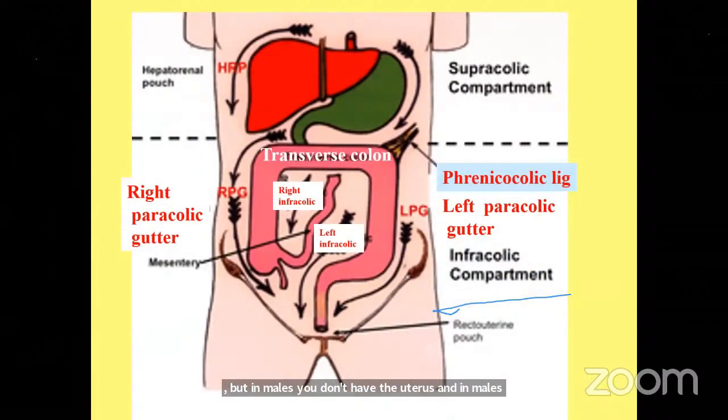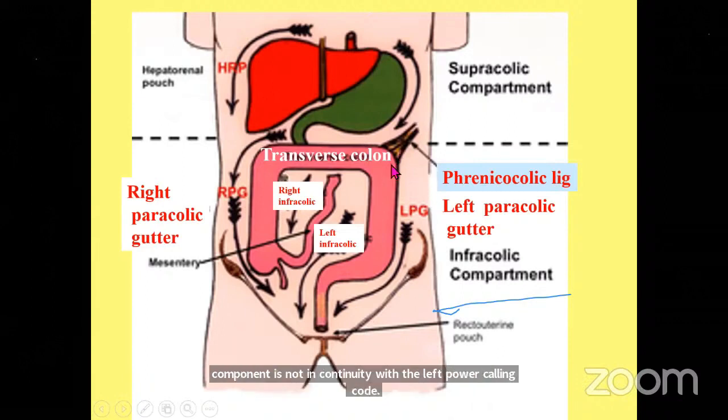Now something about the supracolic and infracolic compartment. You can see that the transverse colon is the plane which divides these two compartments as supracolic and infracolic compartment. One of the favorite questions is, the hepatorenal pouch is actually continuing with the right paracolic gutter, whereas when you see on the left side, the left supracolic compartment is not in continuity with the left paracolic gutter.